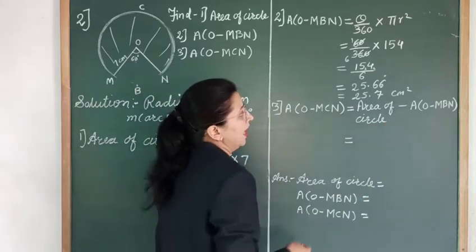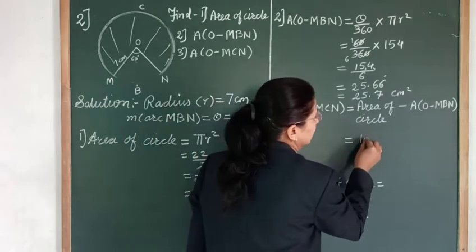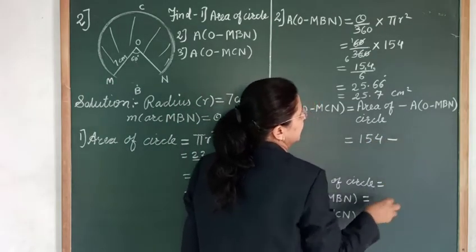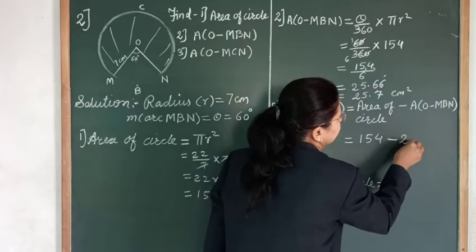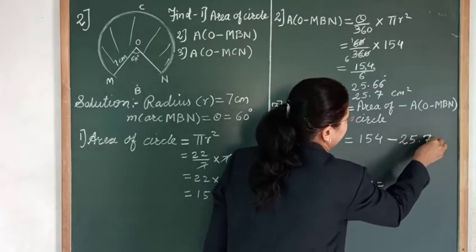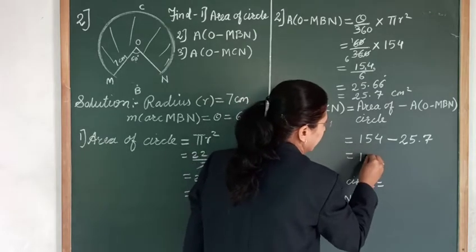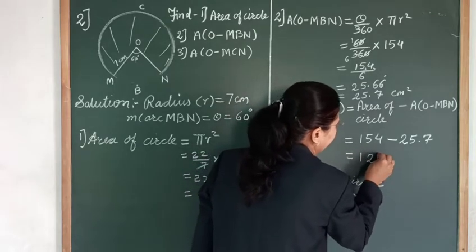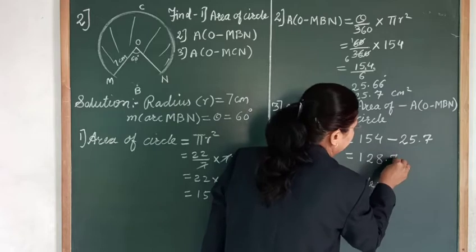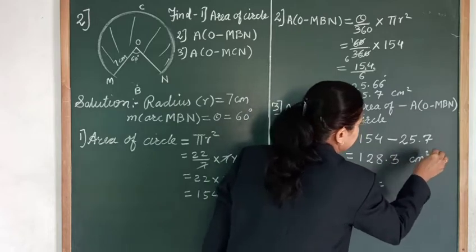Let's put the value. Area of the circle is 154 square centimeter and MBN is 25.7. So let's subtract this. After subtracting we get 128.3 square centimeter.